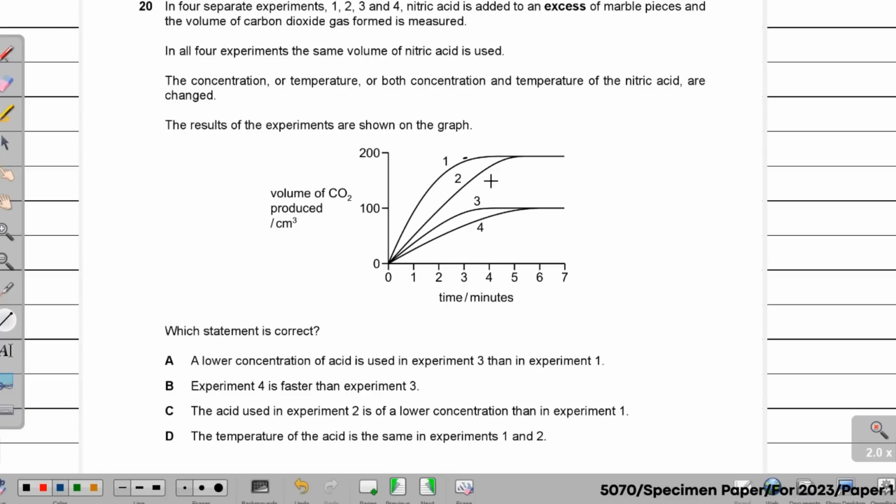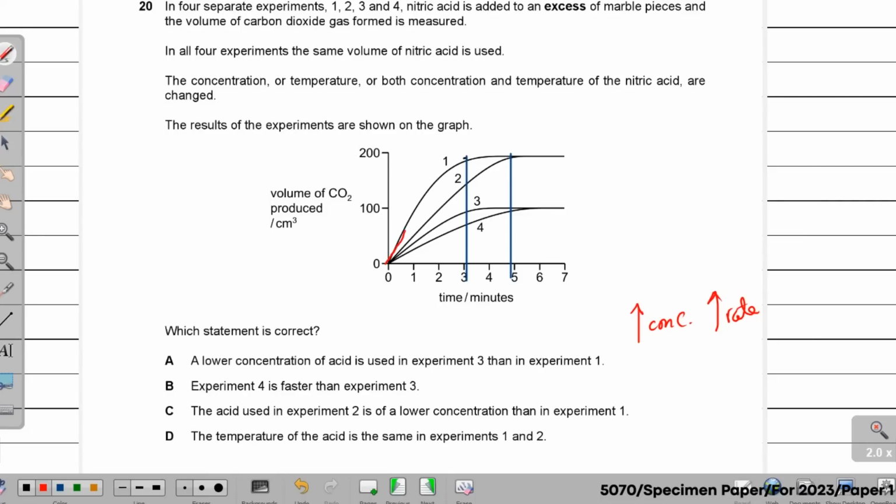For all the others, it is reached around the same time. So that means the acid is acting as a limiting agent. Now let's take a look at concentration. Obviously, increasing concentration will also increase the rate of reaction.